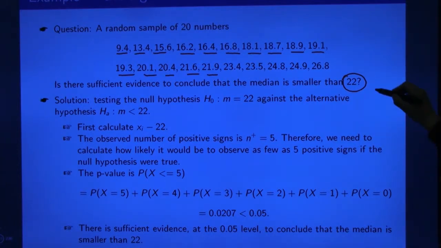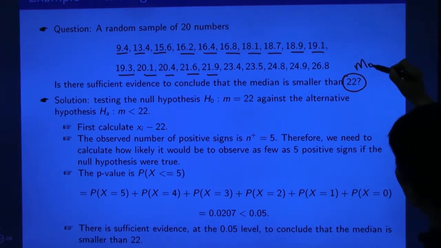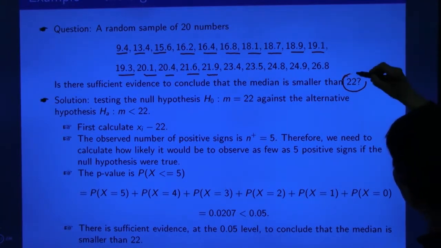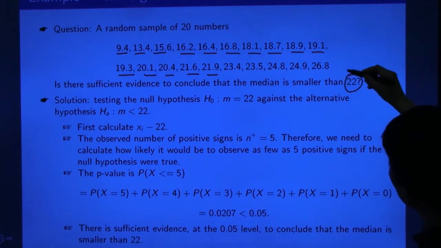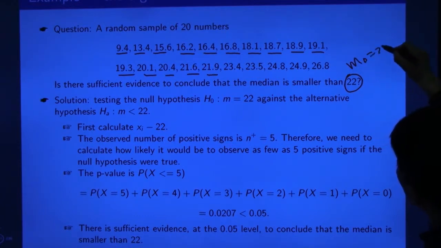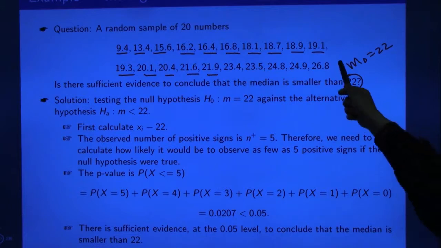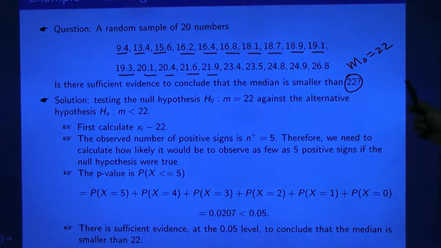So that means our M0 is 22. If the median M0 equals 22, we want to test if the median of the set is less than 22.